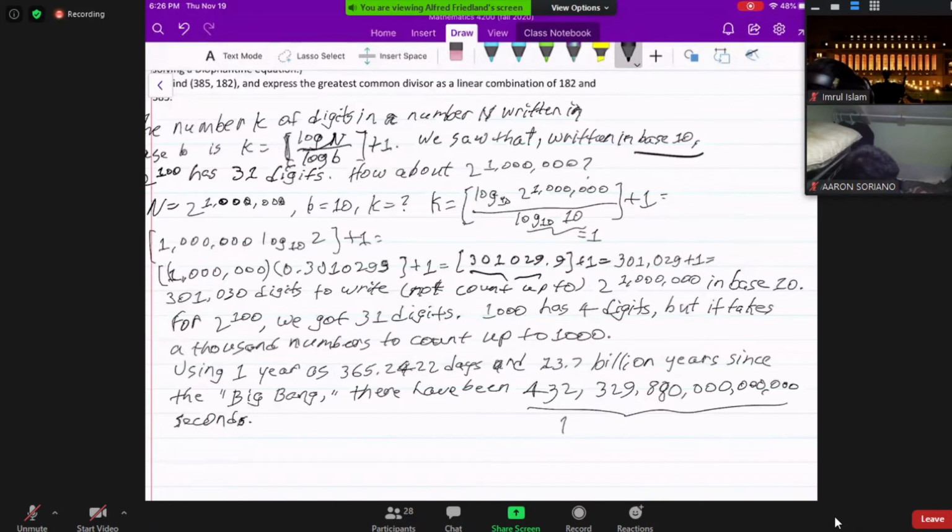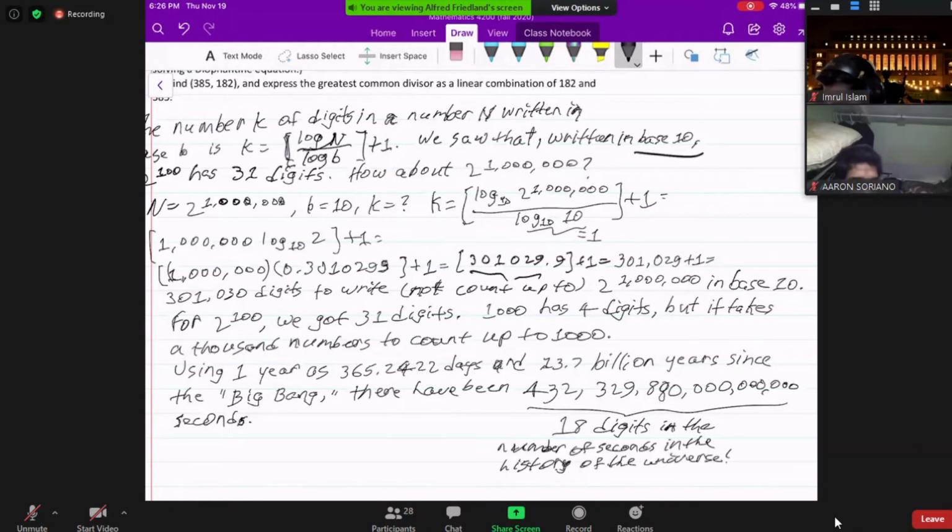And if you take a look at that, just look at the size of these numbers. 2 to the 100th power written in base 10 has 31 digits. 2 to the millionth power has more than 432 quadrillion digits.